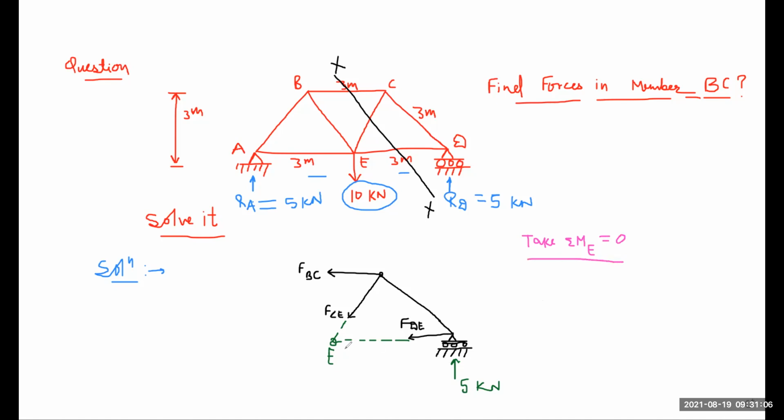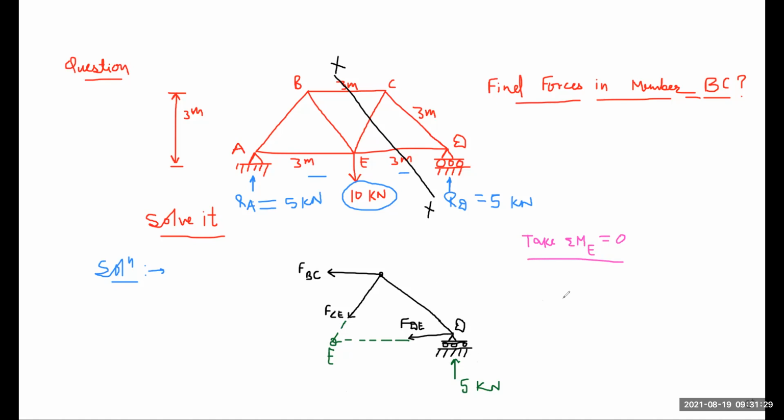So if you take the moment about this point as 0, you find only this RD, this point D reaction. You just find this RD force into its distance plus this force into its distance.